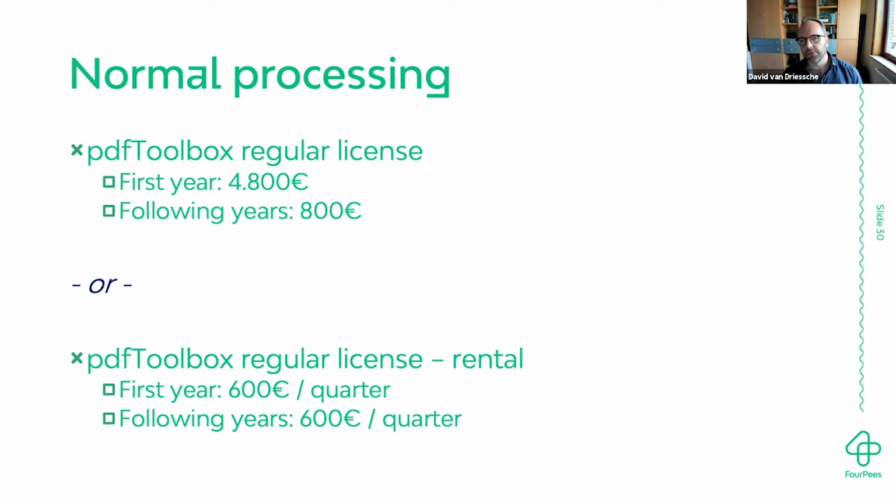For the rental, there is a quarterly price. In fact, there is a monthly price, but we always invoice per quarter because otherwise it doesn't make sense from an administrative point of view. The first year you pay €600 per quarter, and all following years you pay €600 per quarter. The rental price includes everything, so the SMA is included as well, so there is no difference between the first year and subsequent years.